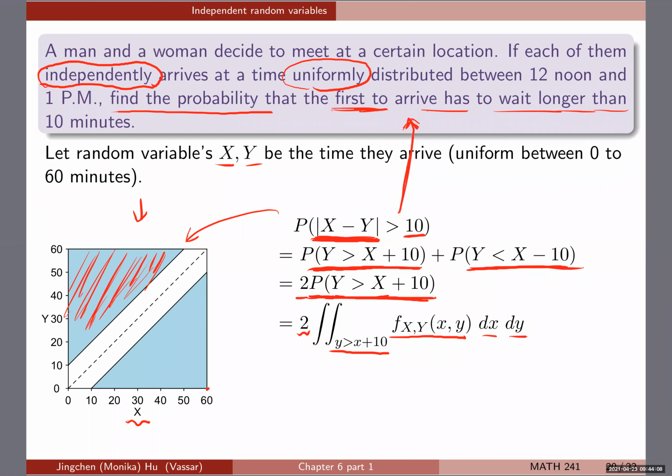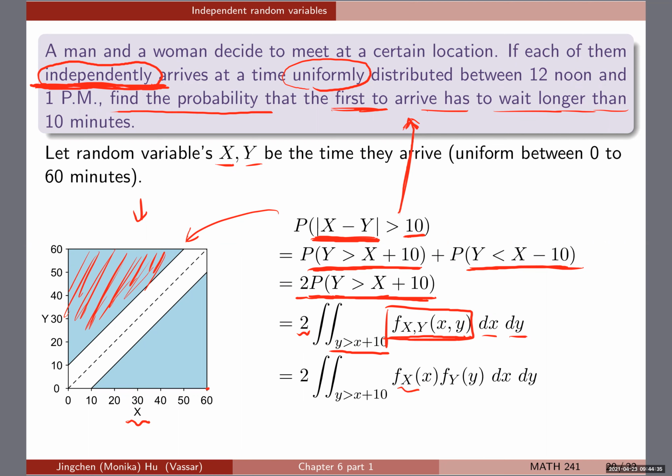The next step: we don't know the joint PDF directly, but in some way we do, because we know that they're independent. That is the key here. From the if and only if conditions that we talked about earlier, if 2 continuous random variables are independent, then their joint PDF is the product of the 2 marginals.